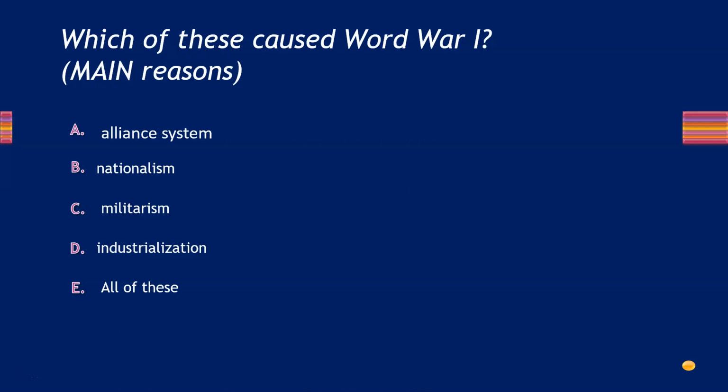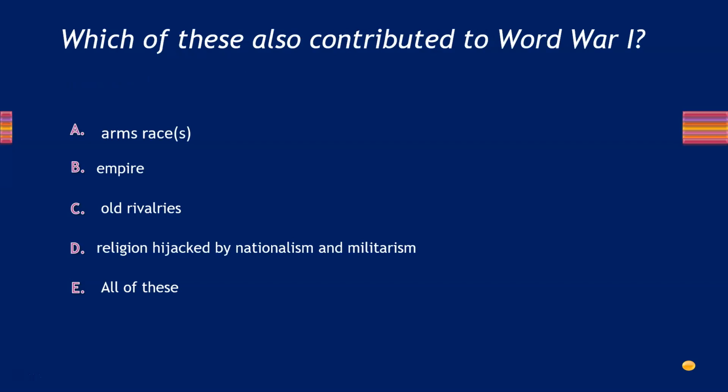So look for your MAIN there. And indeed, all of those caused World War I. Which of these also contributed to World War I? So these are a few of the many secondary reasons. Arms race, empire, old rivalries, religion hijacked by militarism, and again, all of those things.